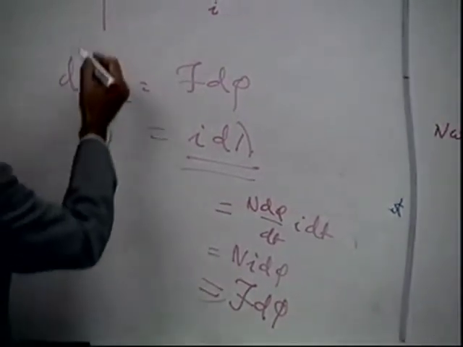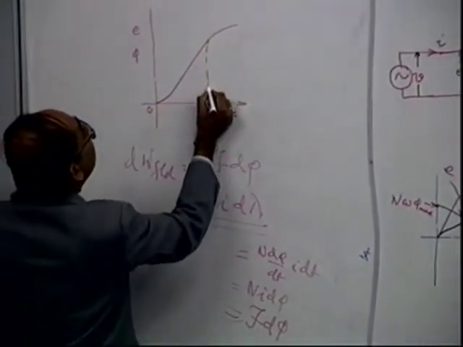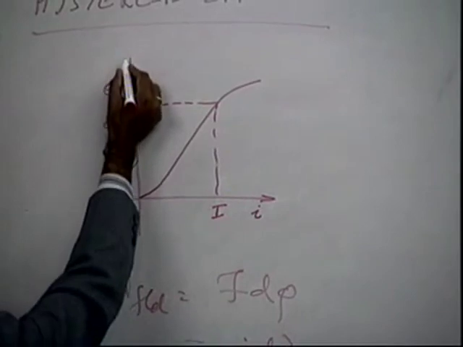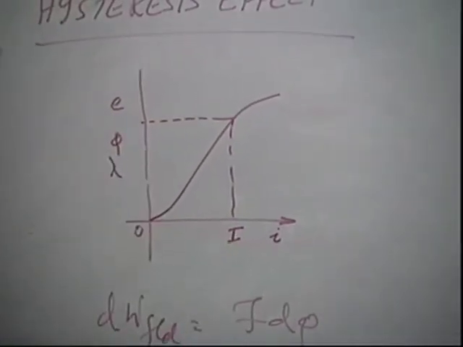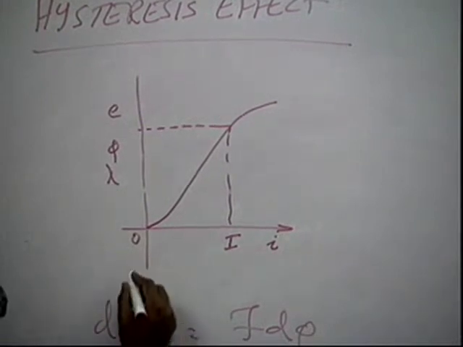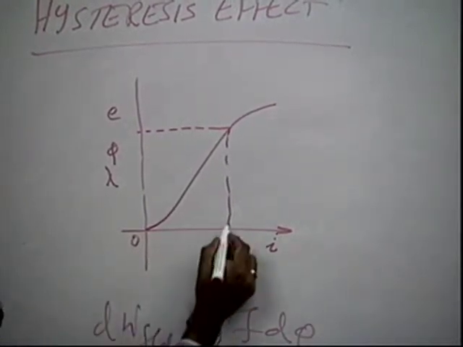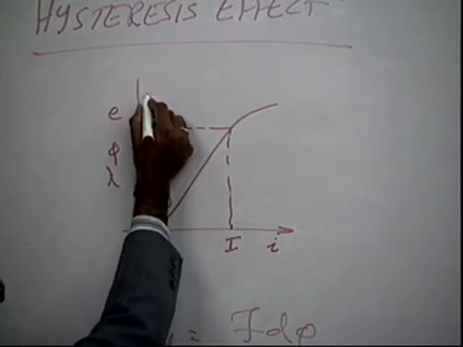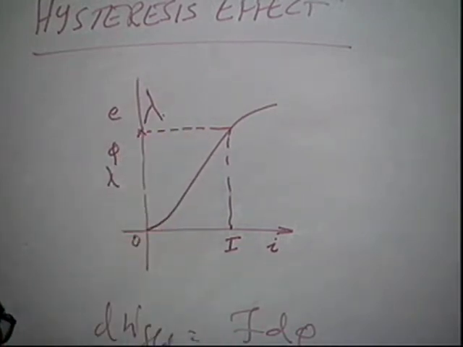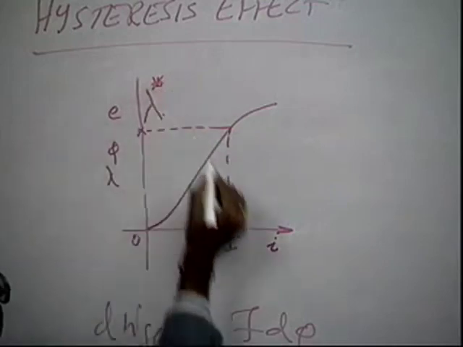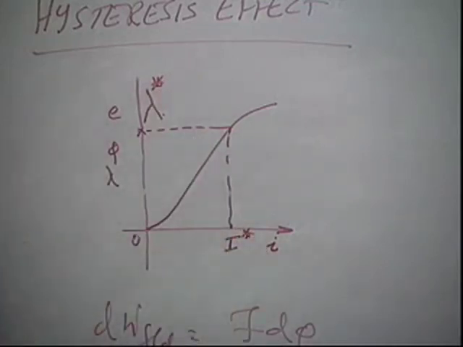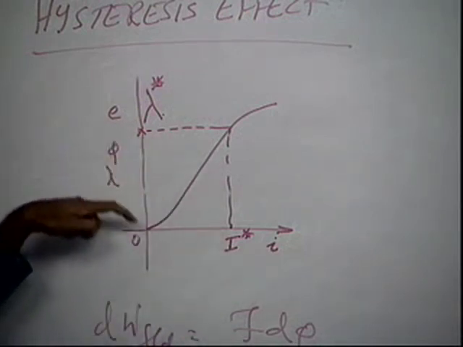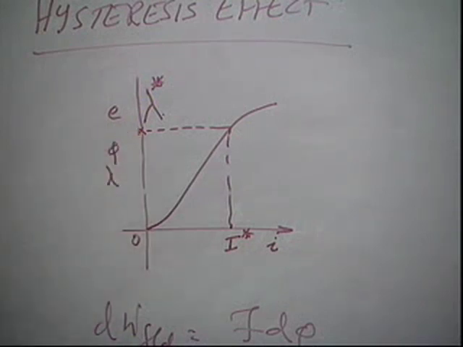Or if you are changing from 0 to some specific value I, because this can be I, phi or lambda, they are all linearly related, supposing you want to increase from 0 to I star. So I have changed the current from 0 to I star so that the flux linkage changes from 0 to lambda star.